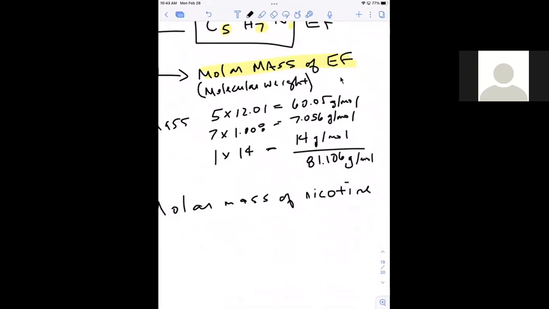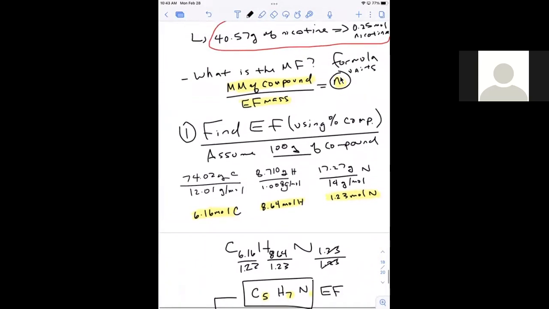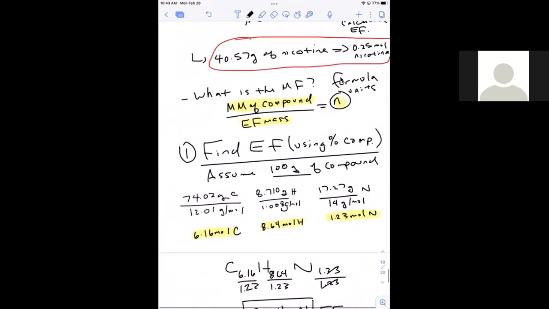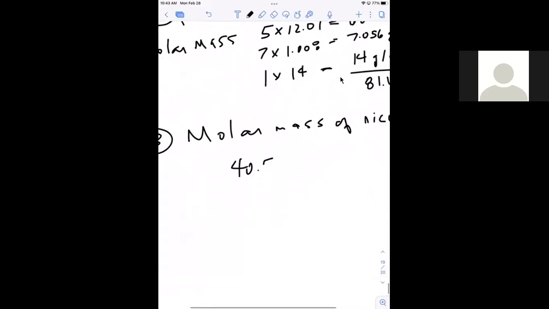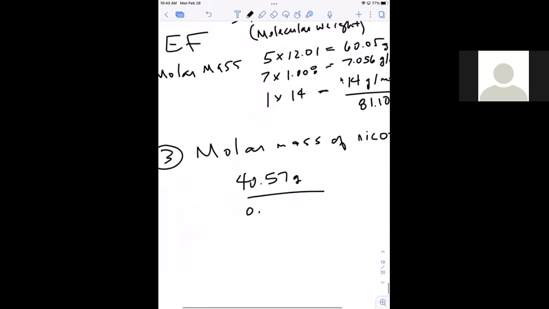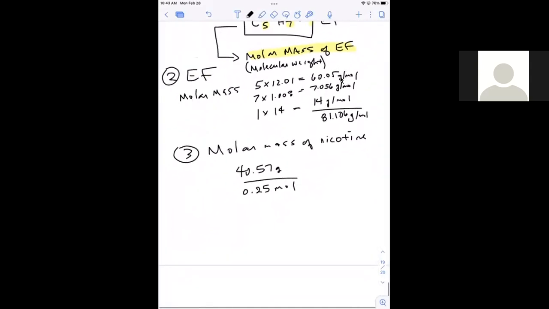All right, and in order to do that, we can take those numbers that they gave us in the beginning and just divide them, because remember, molar mass is grams per mole. So we're going to say 40.57 grams divided by 0.25 moles. Everybody following that? Grams per mole gives me molar mass, or molecular weight, whichever.